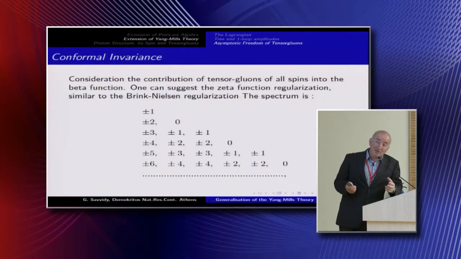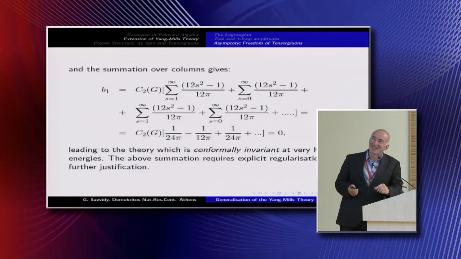So the question is that we have infinitely many particles running in the loop. They contribute to the beta function with 12s squared minus 1, and you have to understand how to sum these things. One of my collaborators did it many years ago, the summation in string theory to calculate the critical dimension by summing an infinite sum.